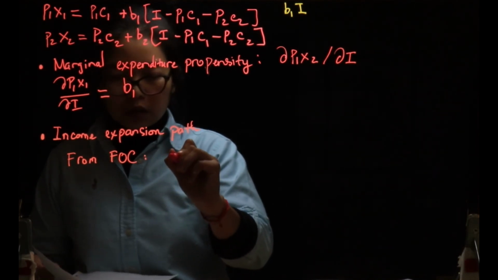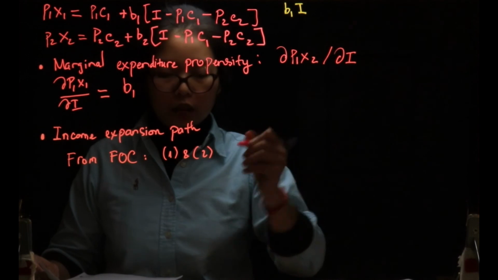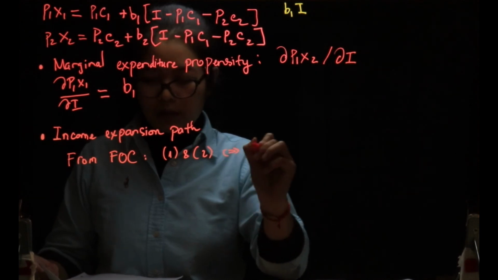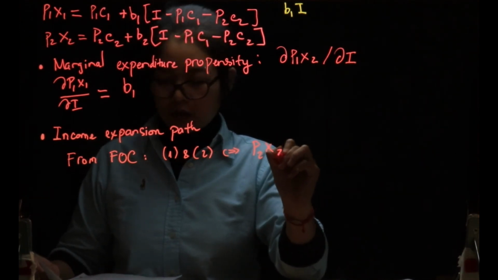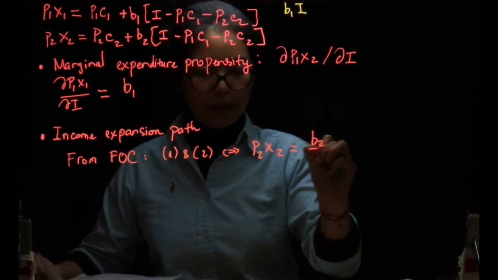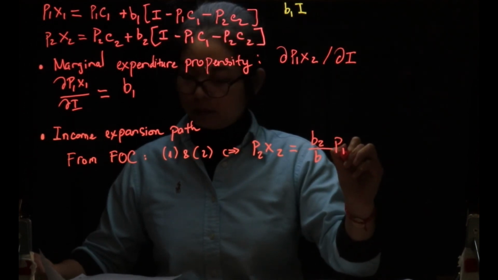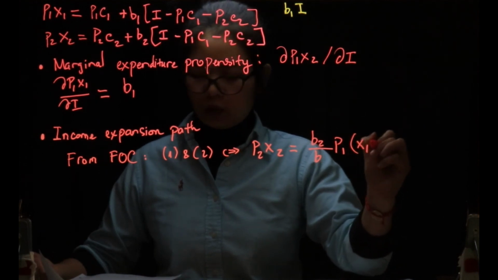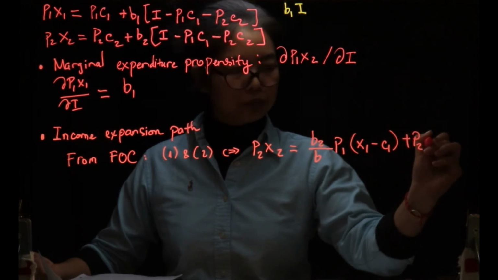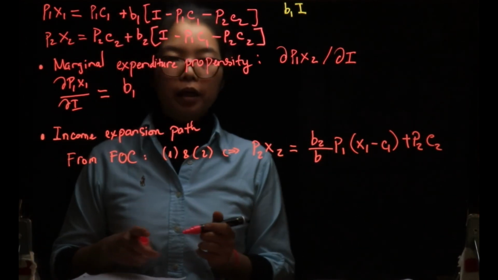At one point, combining the first and the second equation in the first order condition, we got P2 times X2 equals B2 over B1 times P1, then times X1 minus C1 and plus B2 times C2. This is the equation for the income expansion path.